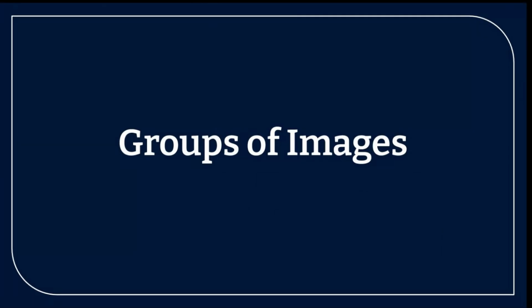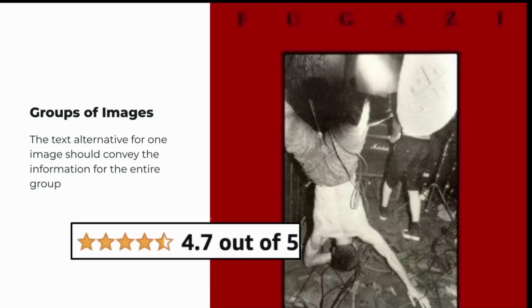So groups of images. I'm talking about this star rating right here mostly in this example. If we have multiple images, how would you describe that? Oh, you're asking us? Yes.